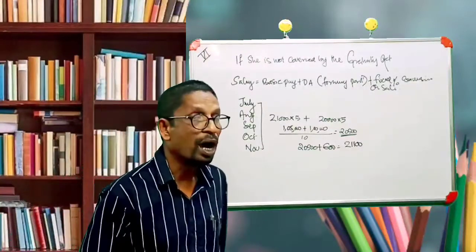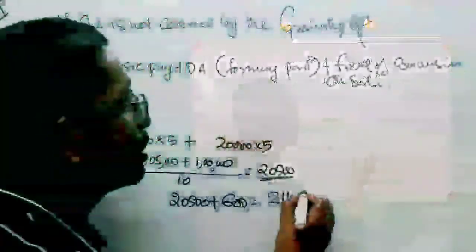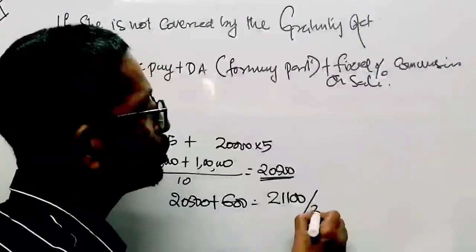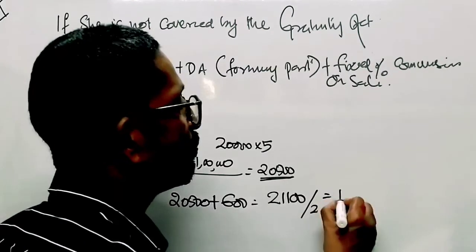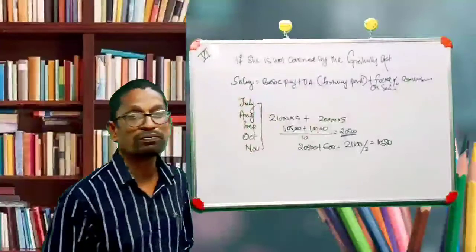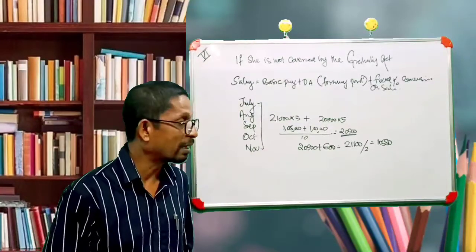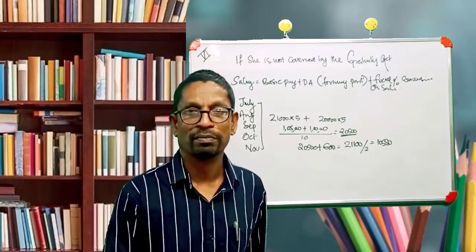What is the condition here? Half month salary for each complete year of service. That means 21,100 divided by 2. That is how much now? 10,550. So 10,550 is the half month salary for how many years? For each complete year of service. Listen now.